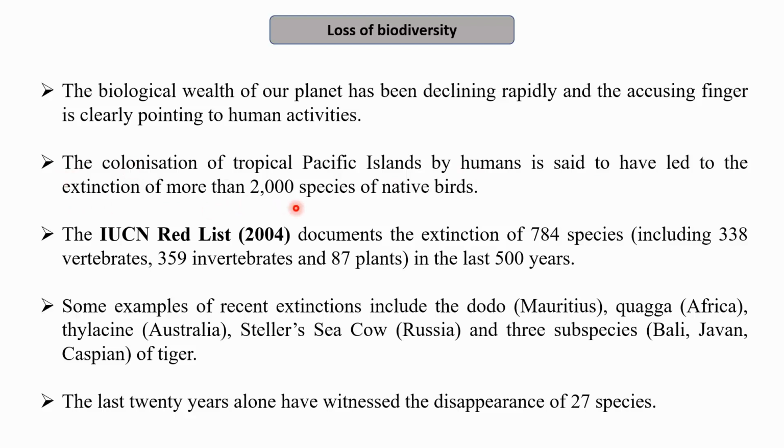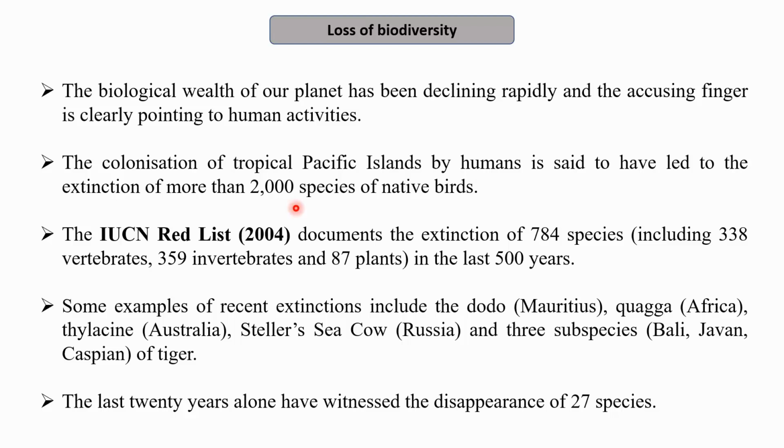So human activities have resulted in the extinction of many species. This is just a single example, where the colonization of the tropical Pacific islands by humans is said to have led to the extinction of more than 2,000 species of native birds.